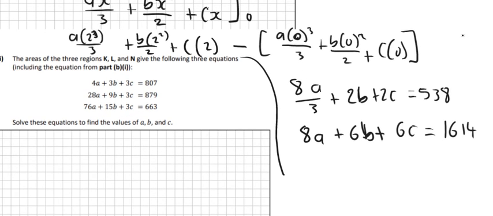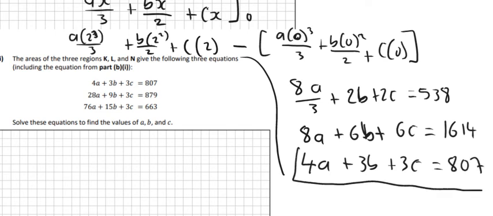And then you'll see that everything is divisible by 2 there. So if you divide everything by 2, we get 4a plus 3b plus 3c equals, and 1614 divided by 2 is 807, and I think that is what they asked us to show.